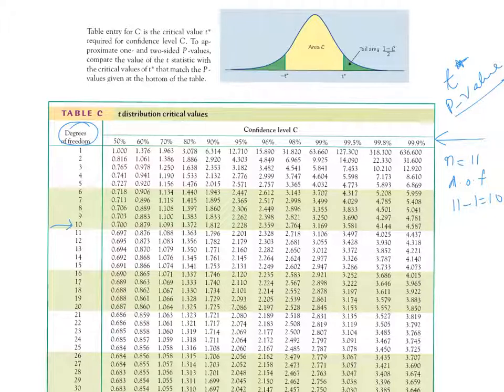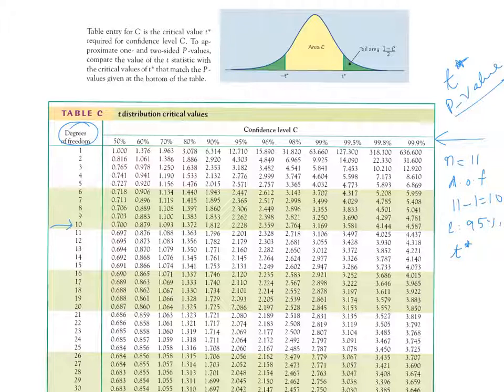Now suppose I'm trying to find a confidence interval using a T procedure, and let's say the confidence level is 95%. Then instead of a Z star, we'd be looking for a T star. And this is exactly how you do it.